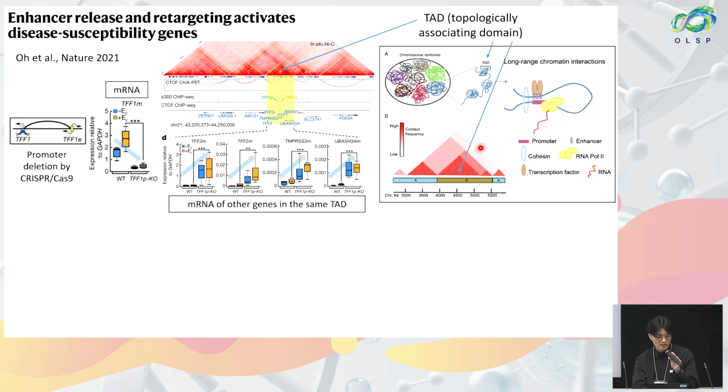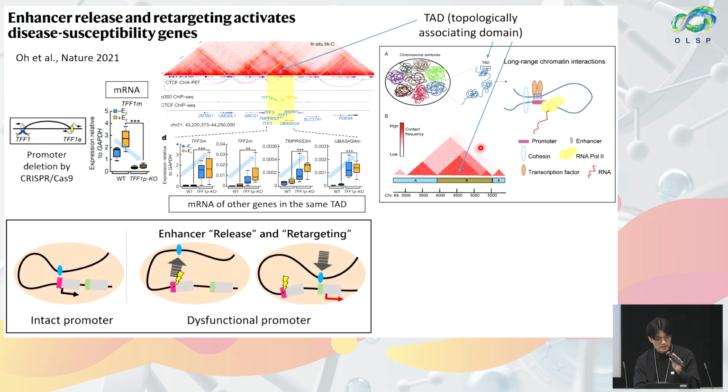And after performing a series of experimental analyses, the authors finally concluded that when a promoter is disrupted, the enhancer originally coming to this promoter is released and retargets other genes in the same TAD and causes dysregulation of these genes in the same TAD.